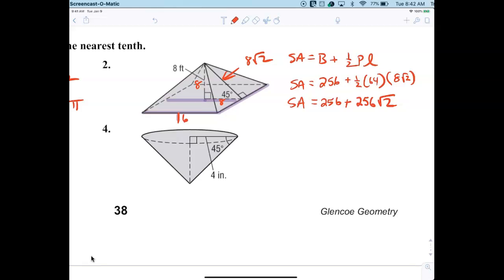So the correct answer is 256 plus 256 radical 2 what? Hello, what? Good. Feet squared. Whoever said that. No one take credit. All right. Anybody have any questions? Number 2. Yes.